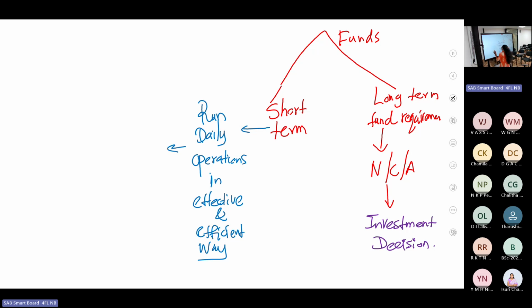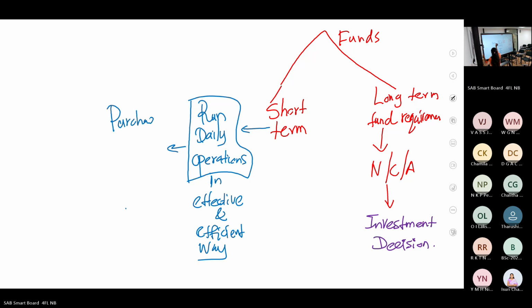So if it is short run, what are the daily operations? Definitely we have purchases and then we have sales.